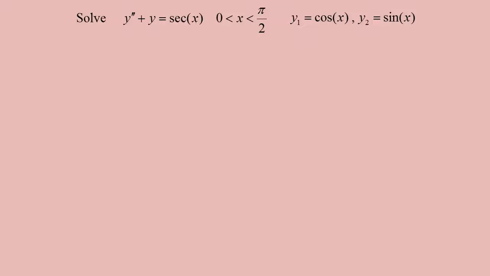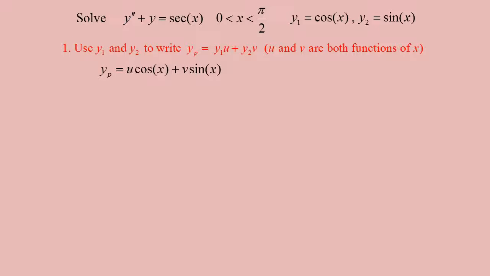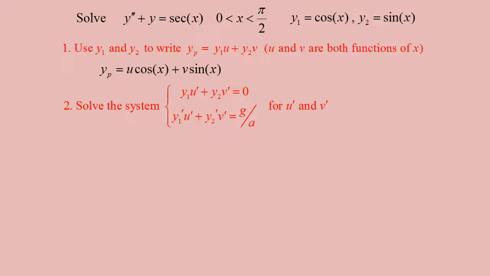So let's go through this second one, given y1 and y2, and see what it looks like. So again, this is where we're headed with that. Our particular solution would be u cosine x plus v sine x. We need to find the u and the v. We do that by taking the determinant that's formed with the y1 u prime plus y2 v prime equals 0, y1 prime u prime plus y2 prime v prime equals g over a.